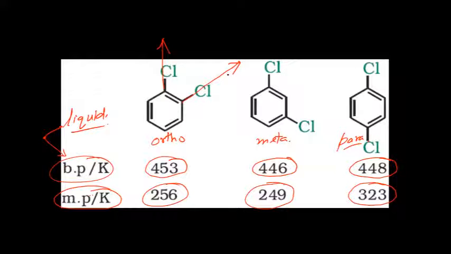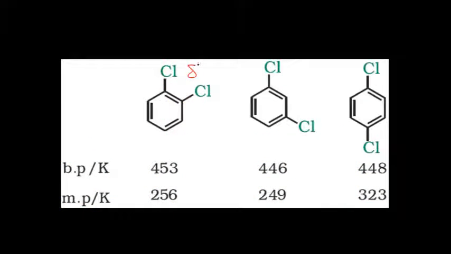So the effective dipole is in this direction, this end will become negative, this end will become positive. It means the molecules will be attracted by one another with a greater force. So that's why highest boiling point.